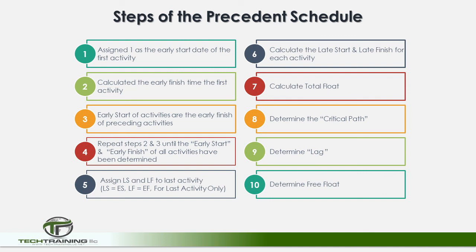Assign late start and late finish to the last activity. Late start equals early start, late finish equals early finish for the last activity only. 6. Calculate the late start and late finish for each activity. 7. Calculate the total float. 8. Determine the critical path. 9. Determine lag. And finally, 10. Determine free float.